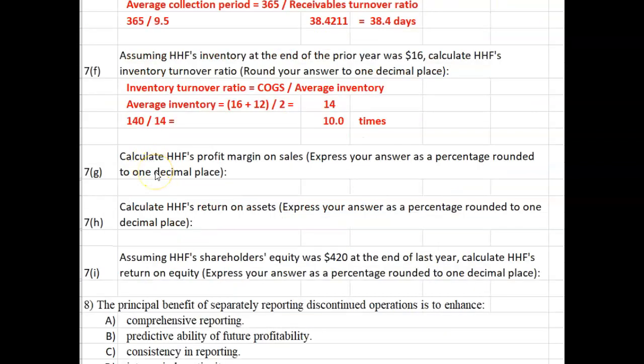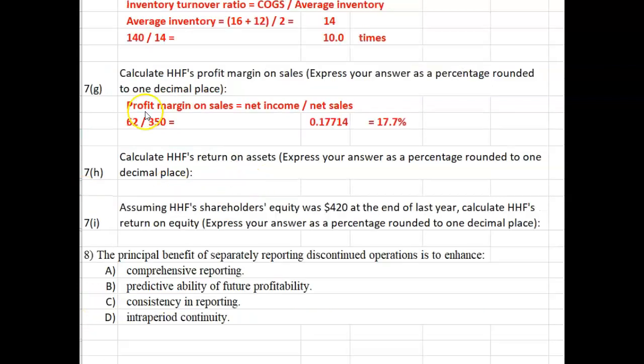Number 7G, calculate HHF's profit margin on sales. Express your answer as a percentage rounded to 1 decimal place. Please do the calculations while the video is paused, then start the video again to check your work. Profit margin on sales is calculated by dividing net income by net sales.